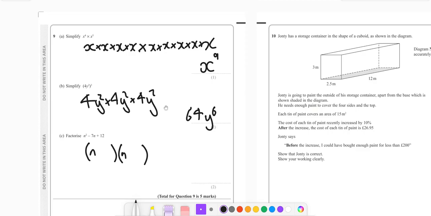To get the positive, we want to get a negative 7, so they're definitely going to be both negative, and then I can see that that's going to be 4 and 3, because that's going to give me my 7. So we've got n squared minus 4n minus 3n plus 12. So I can check that and see that it's right, and we're all good.